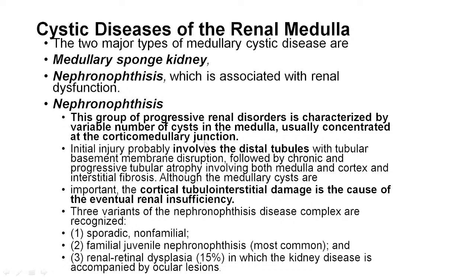So, they are lying in the middle portion, not exactly the cortex or exactly the defined medulla, but somewhere in the bordering area between the cortex and medulla. So, the cortical tubulointerstitial damage can be seen, eventually it leads to renal insufficiency. Three variants: sporadic non-familial, familial juvenile nephrophthisis and renal retinal dysplasia.